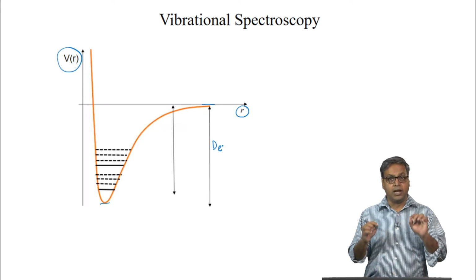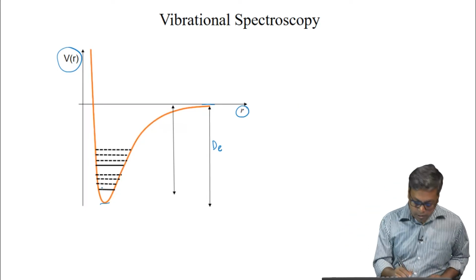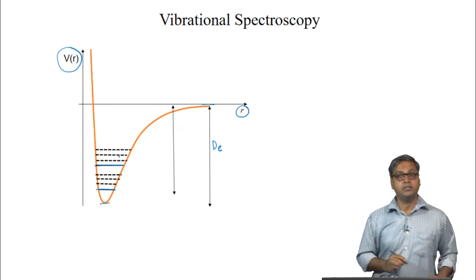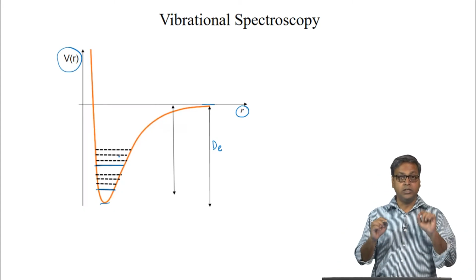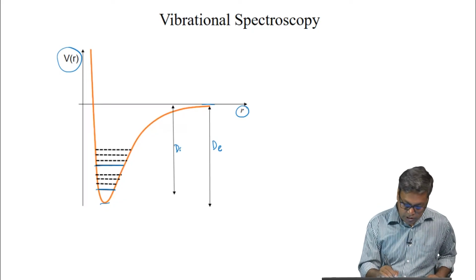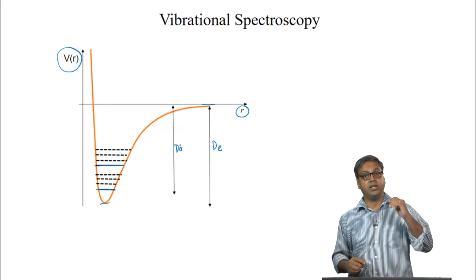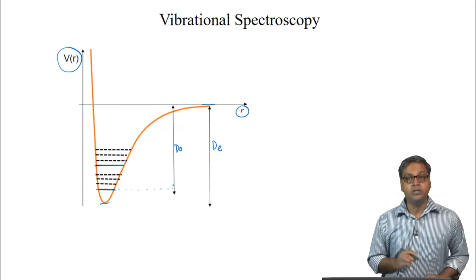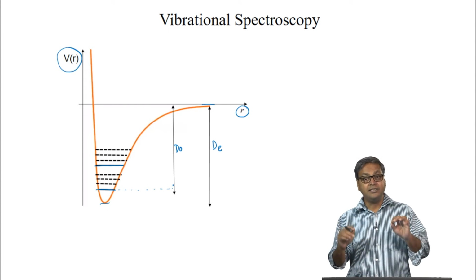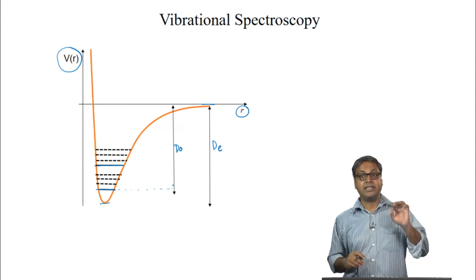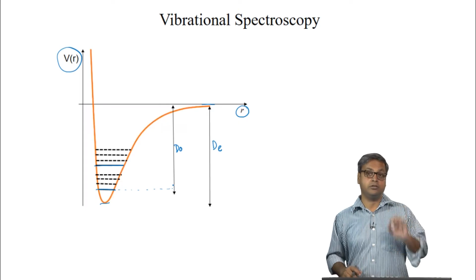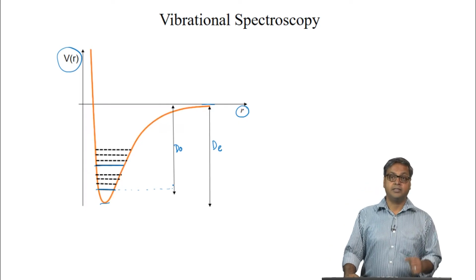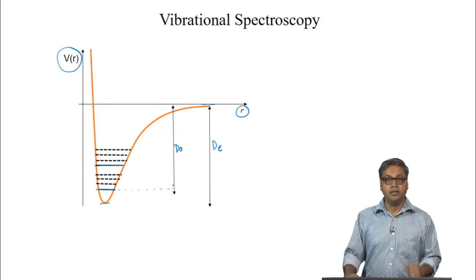The solid lines are the vibrational levels, and D0 is the dissociation energy from the v equals 0 level. This is the dissociation energy that can be spectroscopically measured, and due to this, it is also known as the spectroscopic dissociation energy.